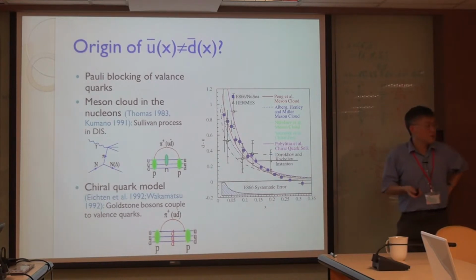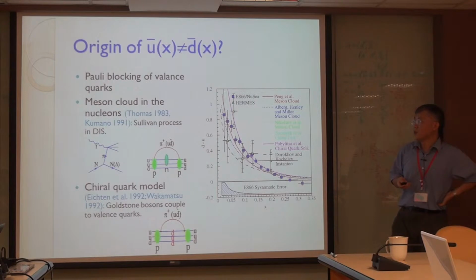That would introduce a suppressing effect for gluon going to U U bar relative to D D bar. So in that sense, it gives a natural explanation of why D bar is greater than U bar.